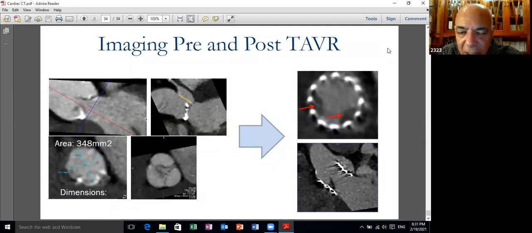So you can imagine the number of detectors is large. So the number 320 means the number of rows of detectors present, or 256, and so on.